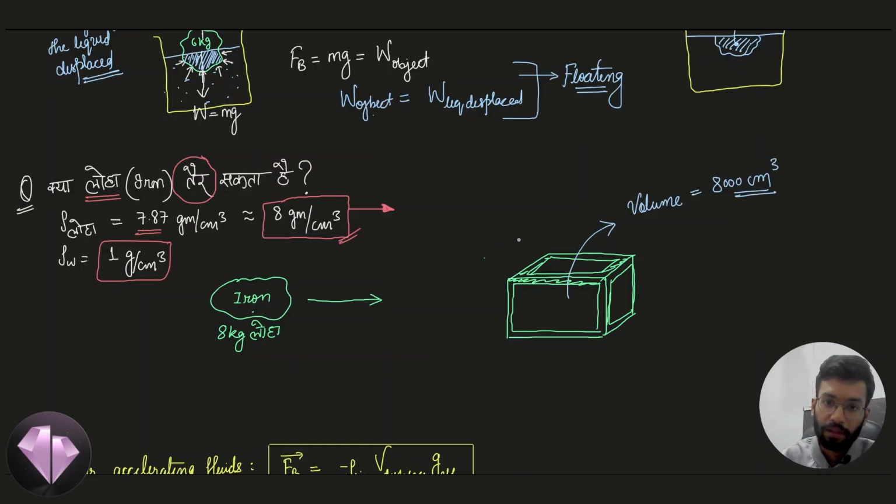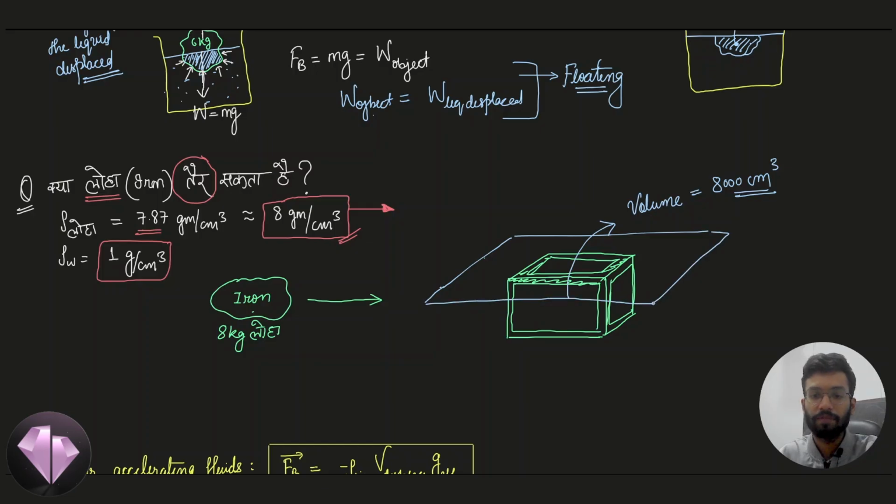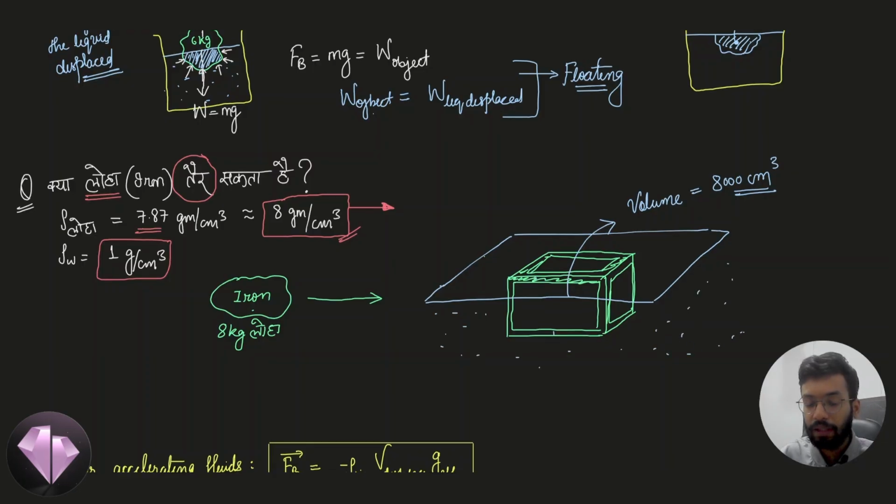Because अब अगर इस क्यूबॉइड को मैं पानी के अंदर डालूंगा, so let's say this is my water surface, और जब इसको मैं पानी के अंदर डालूंगा, the displaced liquid is equal to its volume. Let's say it just floats, so this cuboid is just floating. It is not floating completely, it is just floating, means उसका upper जो surface है वो liquid के surface के just in contact है, right?